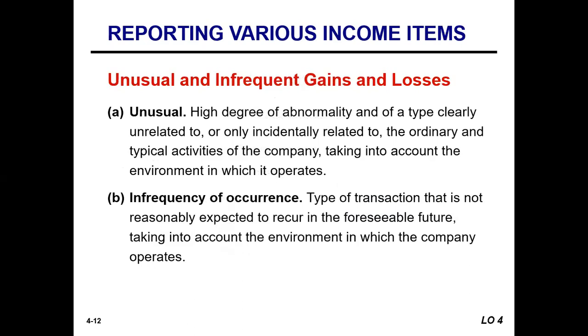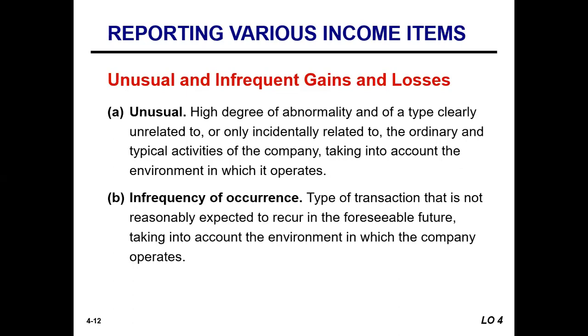So unusual and infrequent gains and losses. Again, unusual being a high degree of abnormality, which means not happening all the time. Only incidentally related to the typical activities of the company. So we used the example that an infrequent gain would be if we sold a piece of equipment and we had a gain on it.